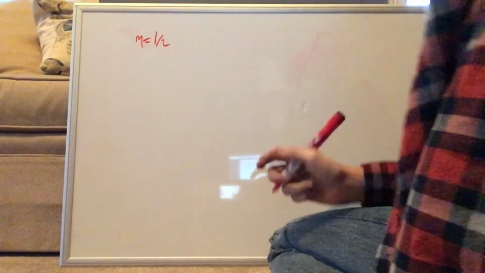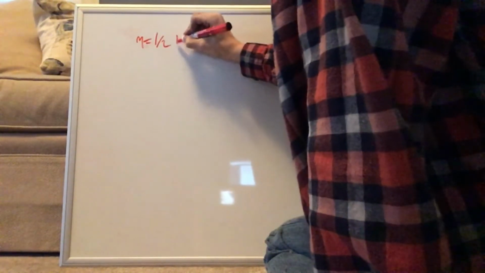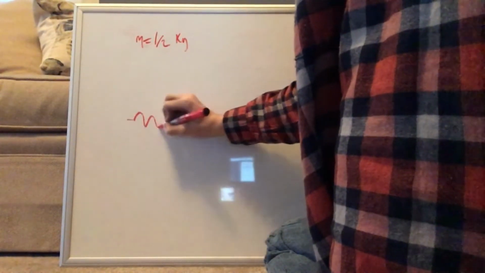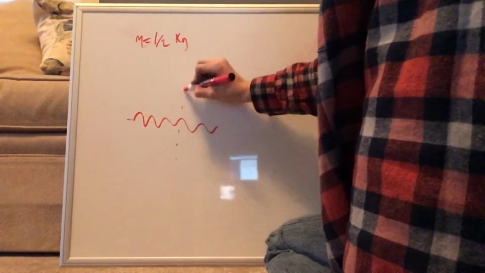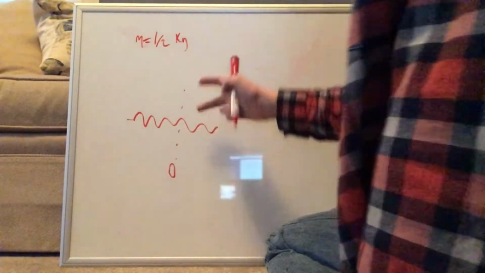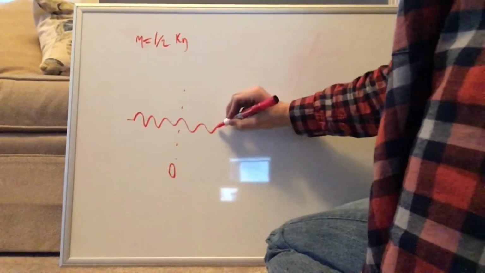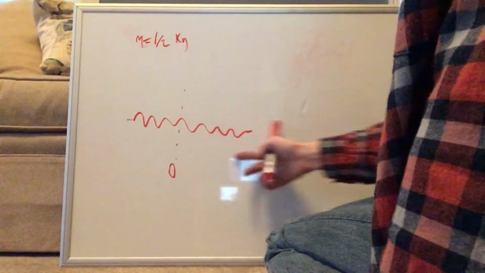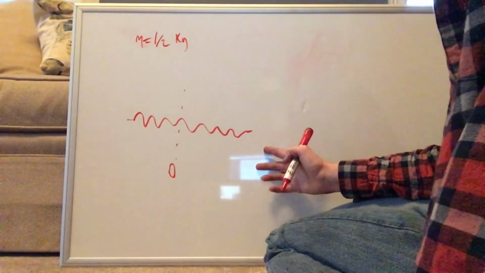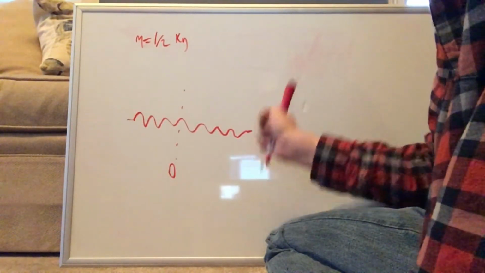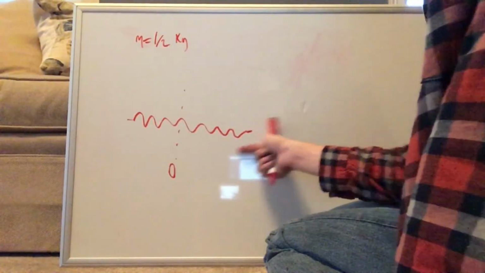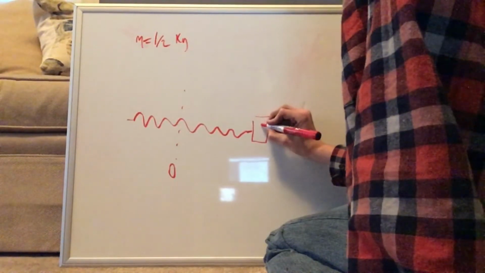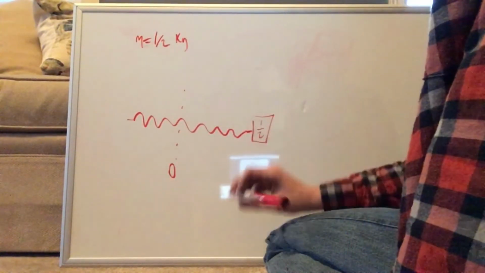We know that when the spring is stretched out from, say, 0, its equilibrium position, if the spring is stretched out 2 meters, it gives us a force of 100 newtons in that direction. So on the end we have a 1/2 kilogram mass.